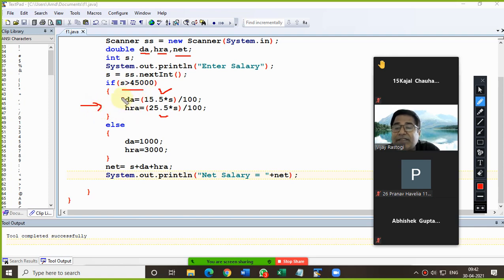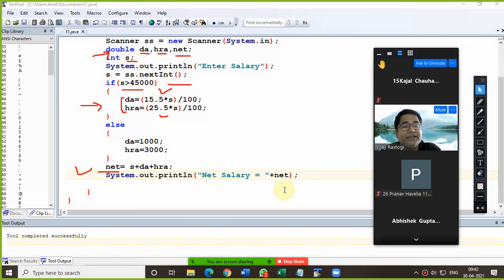So in that case, the DA and HRA as well as the net salary must be of double type. But in the question, the salary was not given in fraction. In the example also it was written 45,000. So in this case, you can use salary as integer as well as double. Okay, beta?